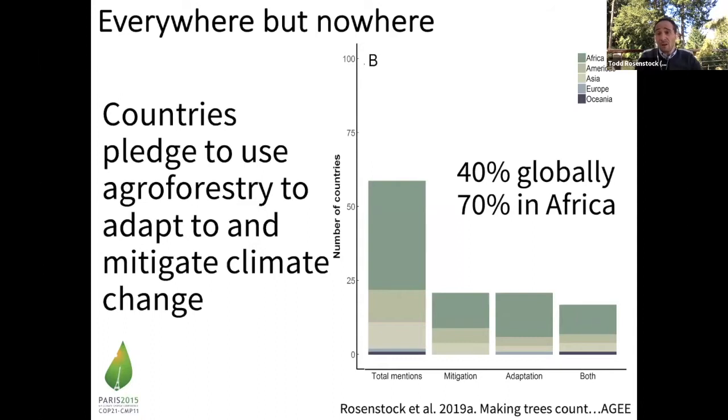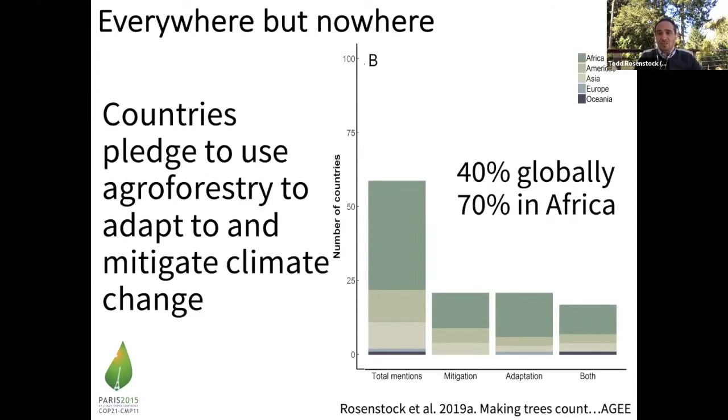What we found is in 148 non-Annex 1 countries, so this is mostly the developing world, 40% had named agroforestry. They said agroforestry is going to be part of our solution for mitigation and adaptation. And guess what? Almost none of them actually include them in their greenhouse gas inventory. So they're not actually counting their benefits.